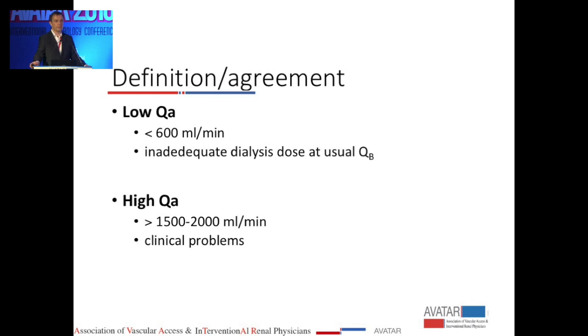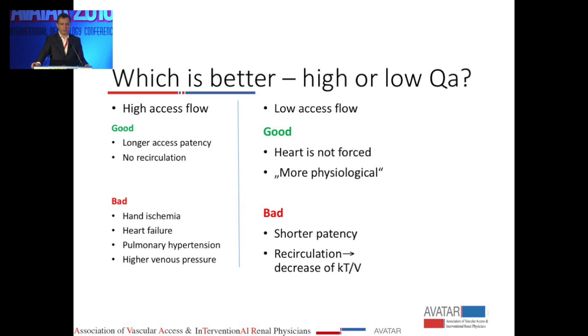The question could be, what's better, to have low flow or high flow access? There are some advantages and disadvantages of both. High access flow is good for longer access patency, and there is practically no recirculation. Nevertheless, it could lead to hand ischemia, heart failure, pulmonary hypertension.